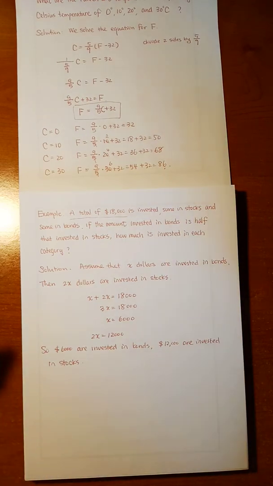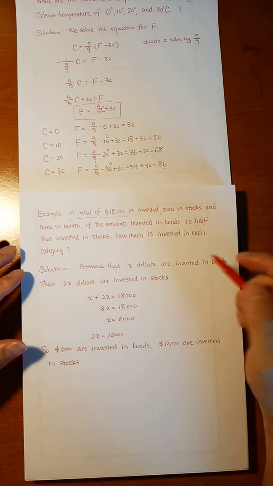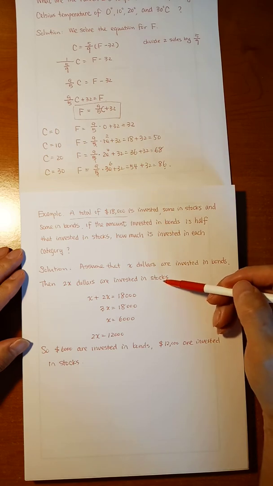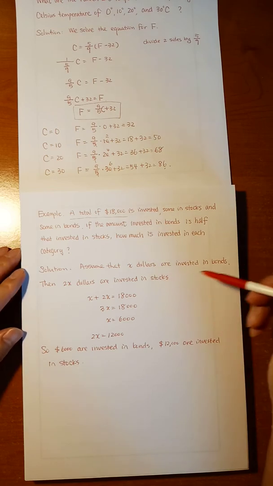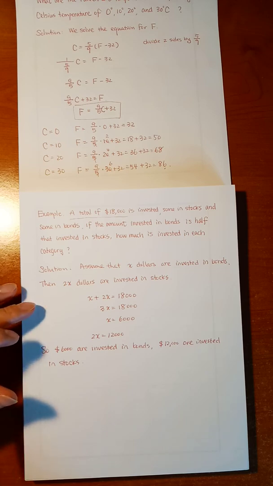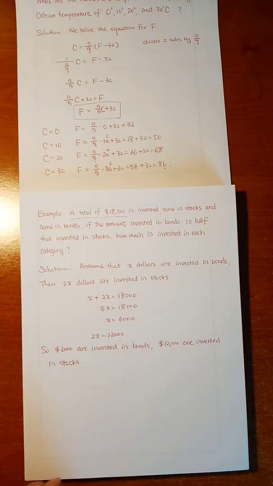See, that's it. In the textbook, they use x to represent the money invested in stocks, then the money invested in bonds will be one half x, and you will see the rational number.